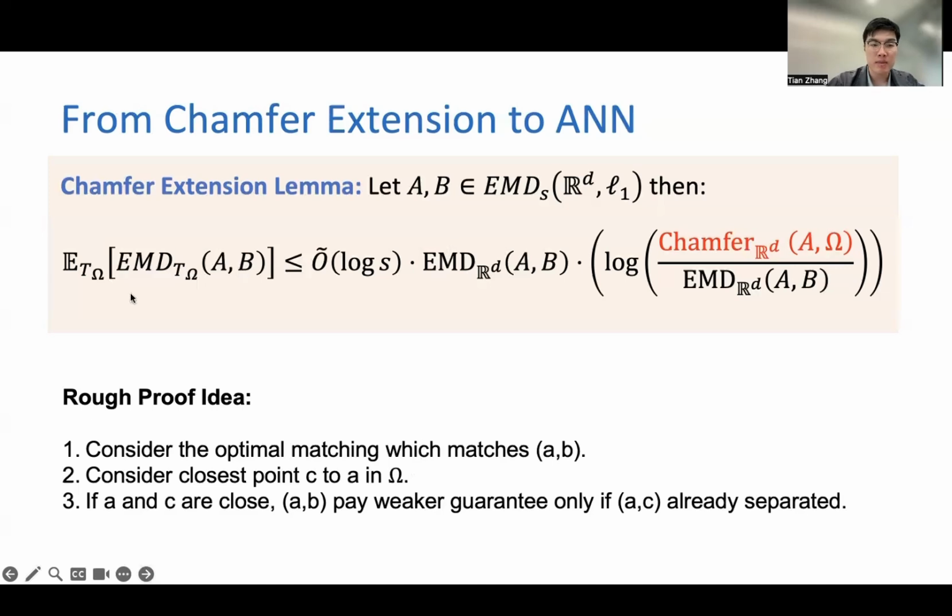To calculate the EMD in the tree, A and B start to pay the data independent weights, or the weaker guarantee, only when A and C are separated. Otherwise, if C remains with A, then the data dependent weights are always well-defined, and we don't want to pay the data independent weights.